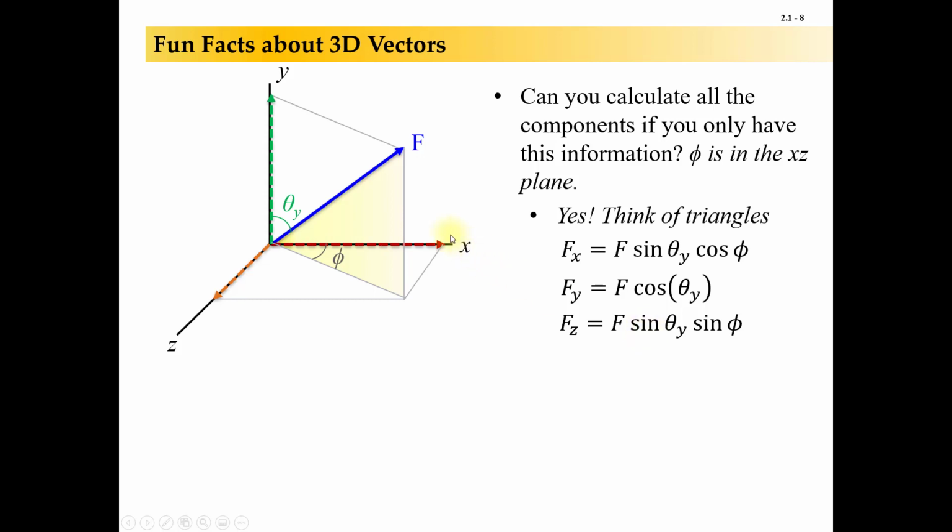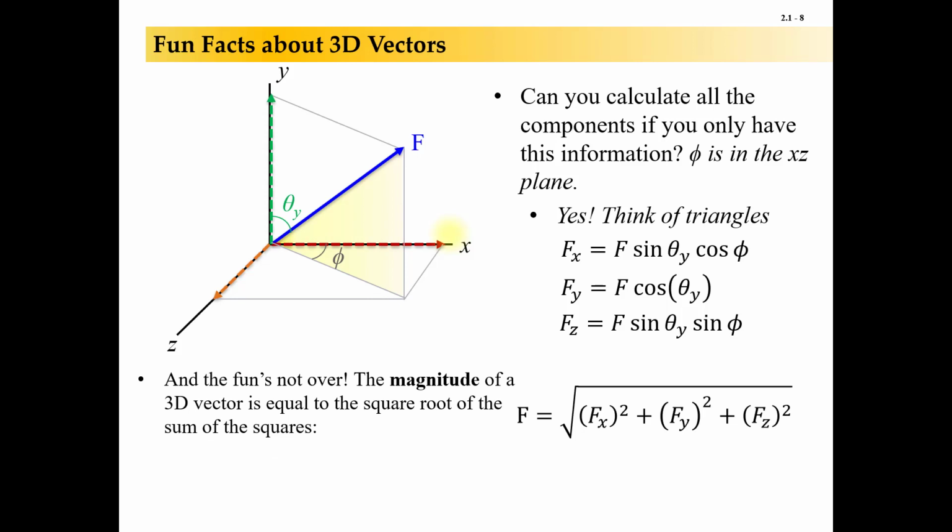So this is an extremely common way that vectors are shown. Again, it's kind of halfway between 2D and 3D because it's showing some angles that are like what we were dealing with in 2D and a little bit of your direction angles too. It's kind of halfway in between.